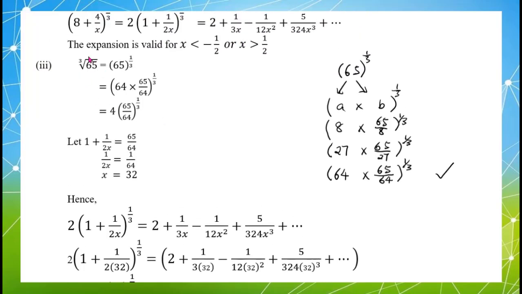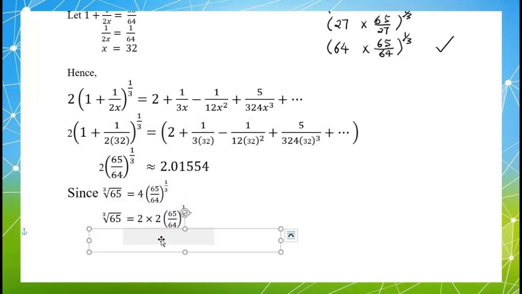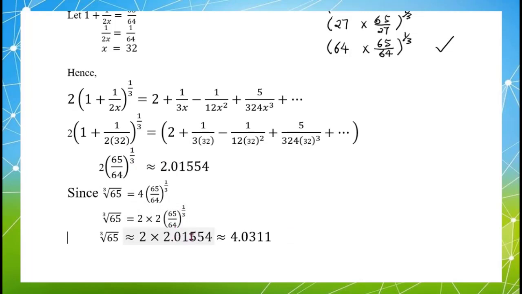From the calculation just now, the cube root of 65 is equal to 4 multiplied by 65 over 64 power 1 over 3. Now I separate the 4 into 2 times 2. Then from here, I can substitute 2 multiplied by 65 over 64 power 1 over 3 with 2.01554. Therefore, the cube root of 65 is approximately 4.0311.